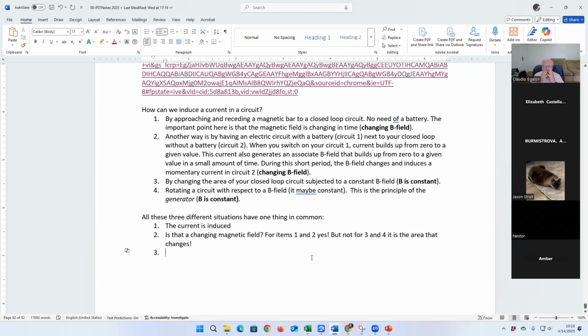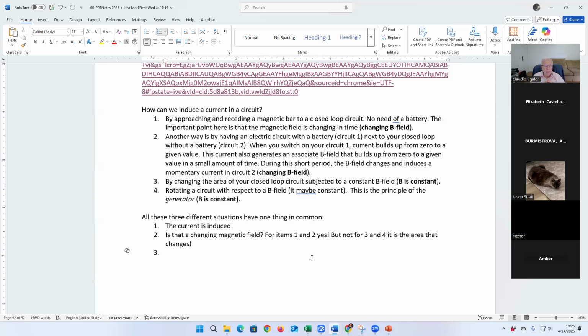So now we have to start thinking about what's common to all those four circuits. Okay, it looks like it is a combination of changing area with a B field. Did you notice that?